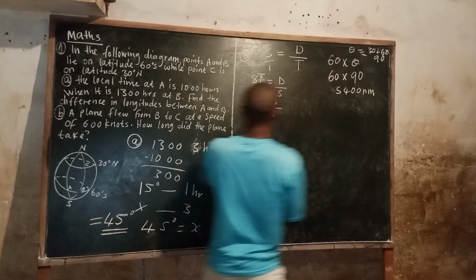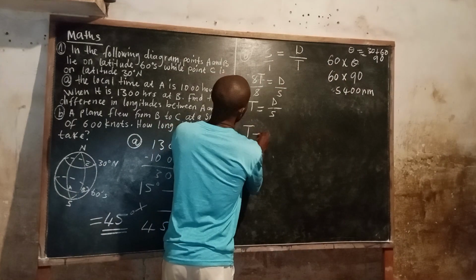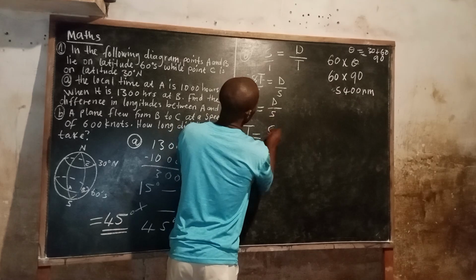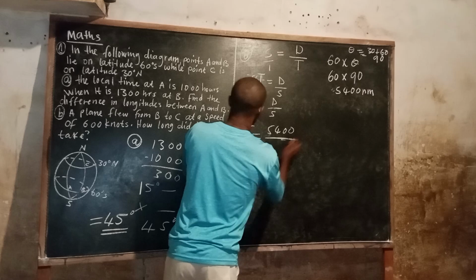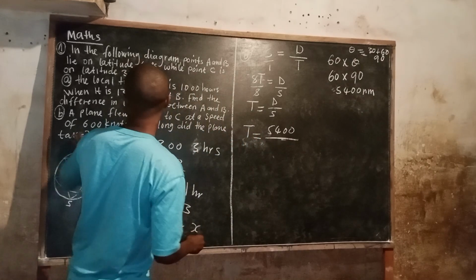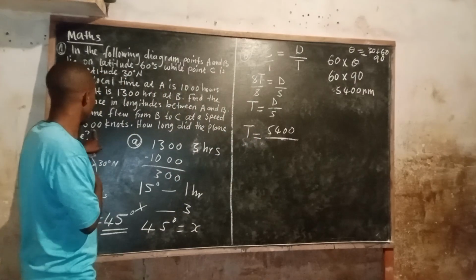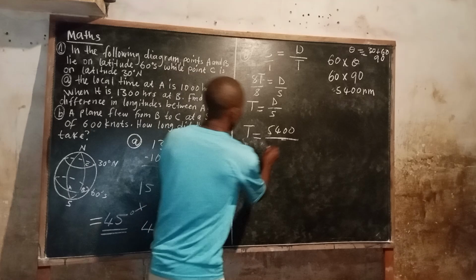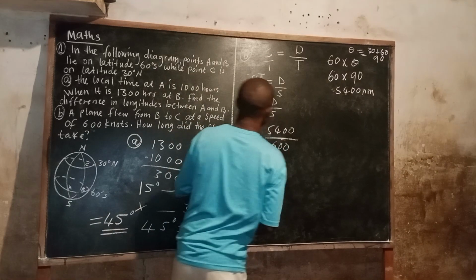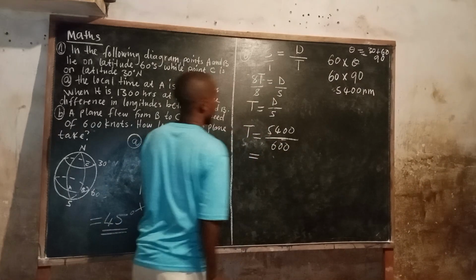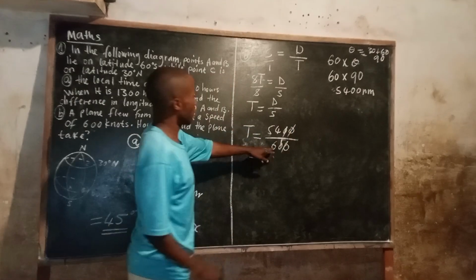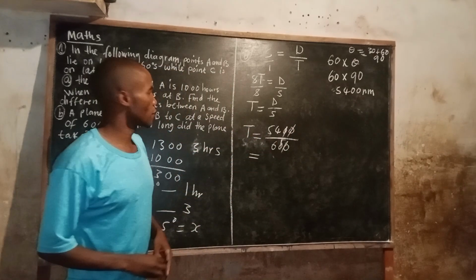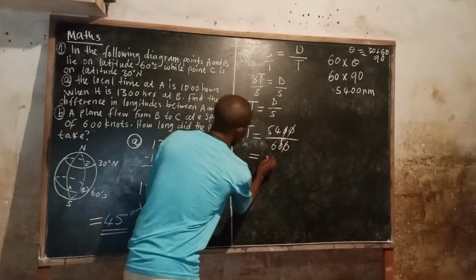Let's substitute. So time taken is equals to distance, 5,400 nautical miles, over the speed. We are given the speed, it is in the question. So speed is 600. Okay, 600. So here we can cancel the zeros. Then 6 into 54, we are going to have 9.